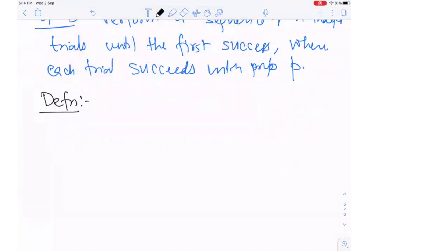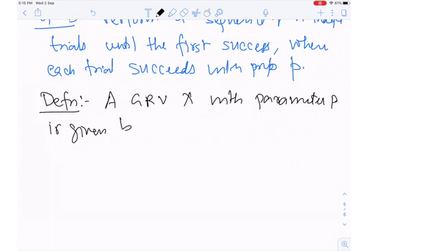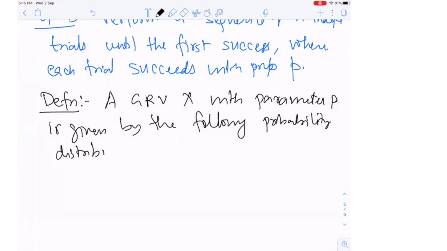Okay, so here's the definition. I'm going to use the word GRV for geometric random variable. X with parameter p is given by the following probability distribution on n equal to 1, 2, dot, dot, dot.